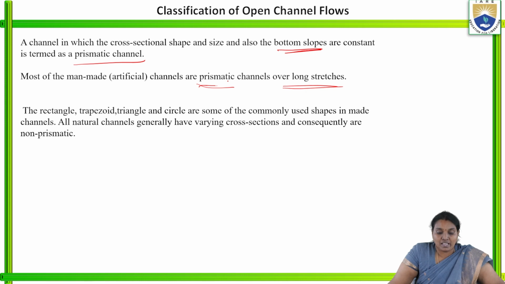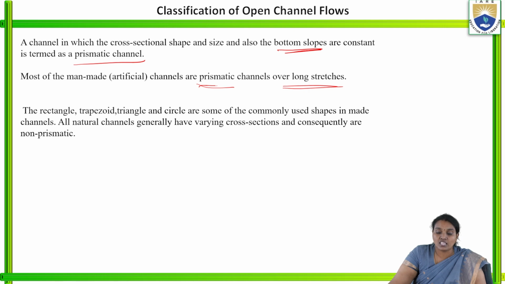Based on the shape, the rectangular, trapezoid, triangle and circular are some of the commonly used shapes in man-made channels. It depends upon the requirement. Which type of channel we have to consider depends upon the situation, and based on the design criteria we adopt the particular type of channel.